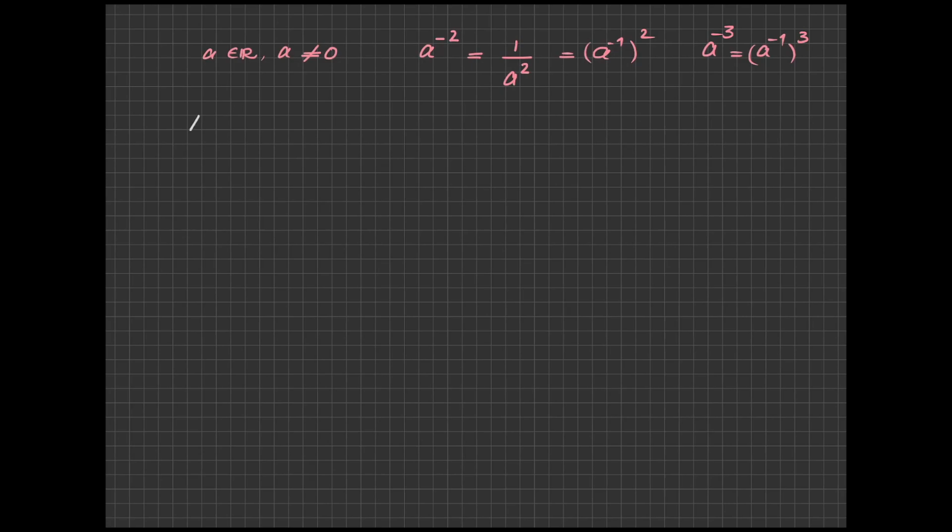So if A is an invertible matrix and n is a natural number, a to the power minus n means a to the power minus 1, to the power of n. So this is by definition.